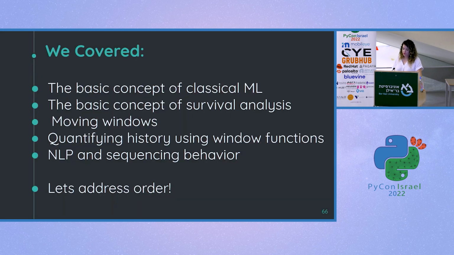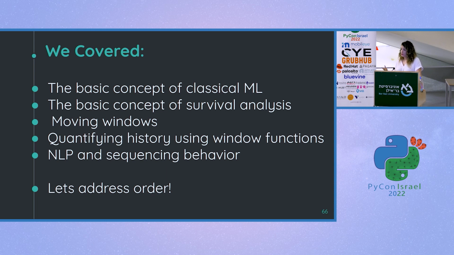So we covered the basic concept of classical ML. We covered the basic concept of survival analysis. We talked about moving windows and how to use them, and then we talked about how to quantify user history using window functions.